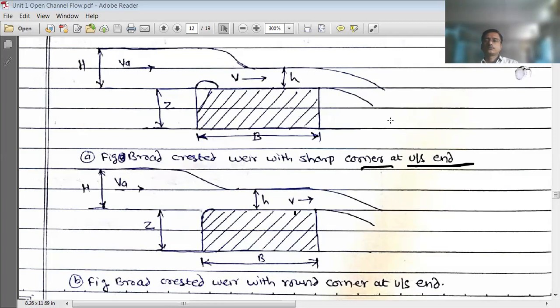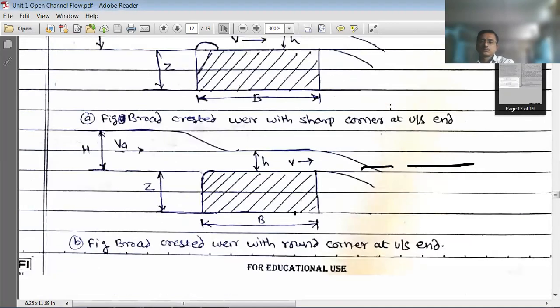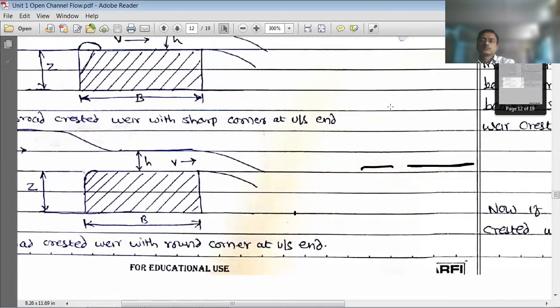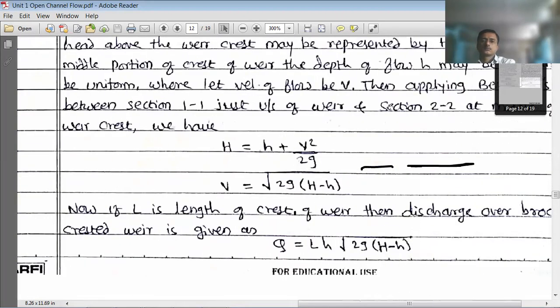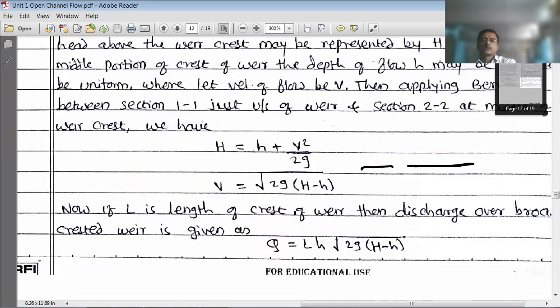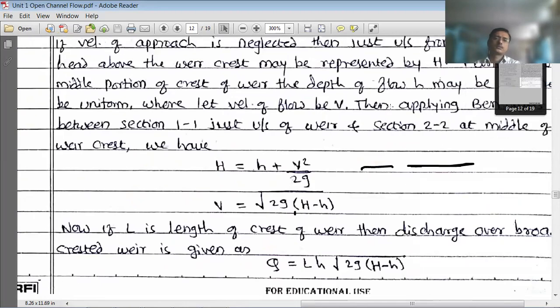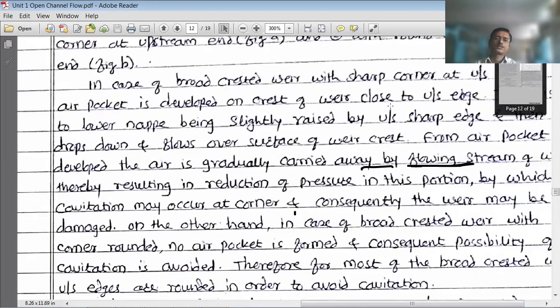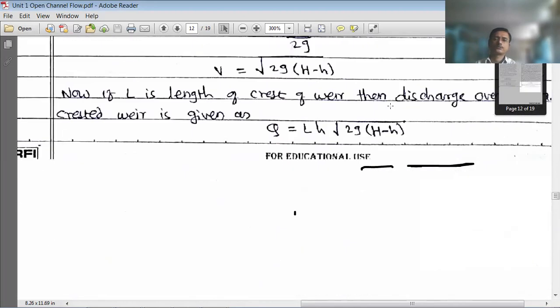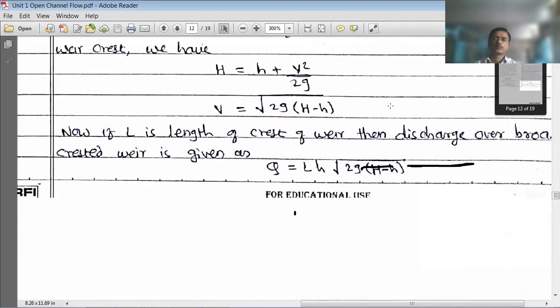Is it over? Now here we have to note down the formula for the discharge over the broad crested weir. Write down the formula.